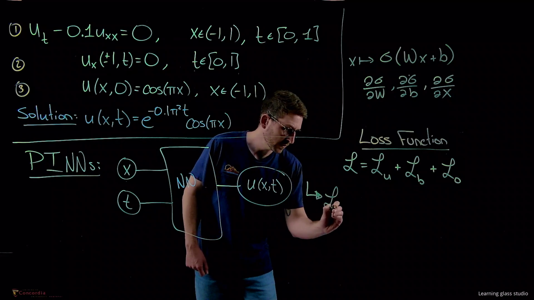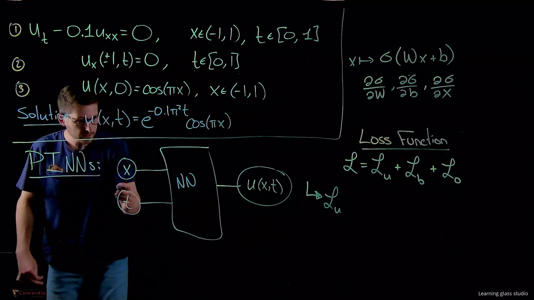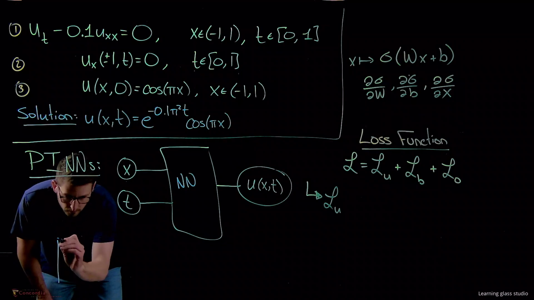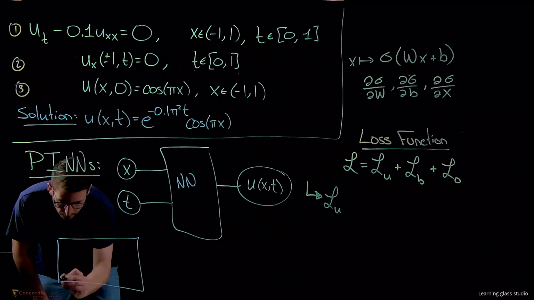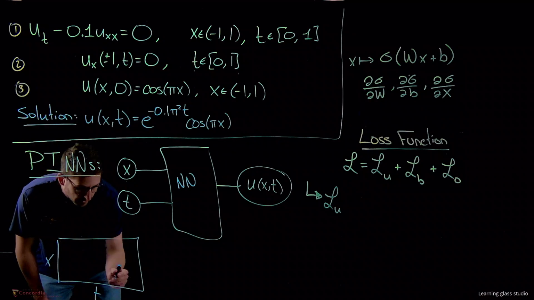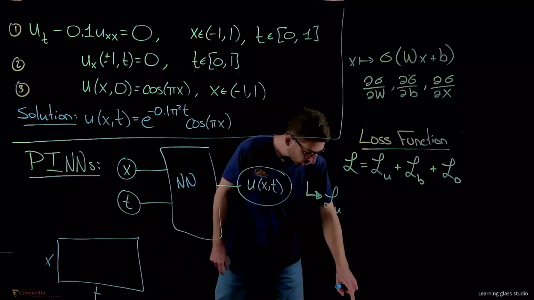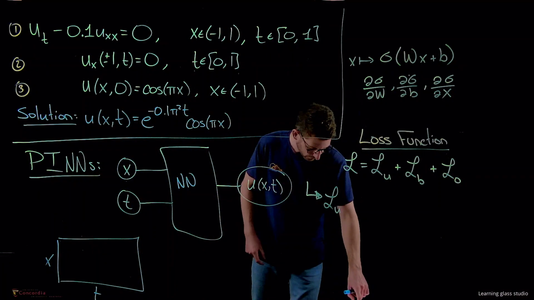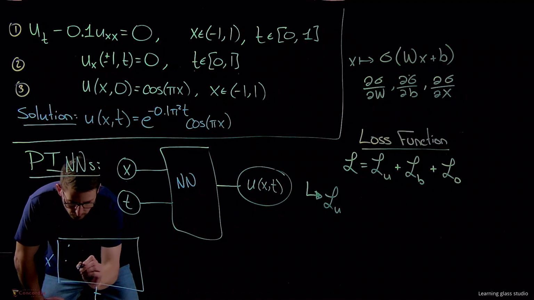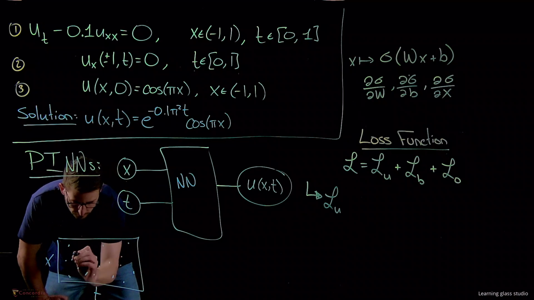Let's start with L sub u. I'm going to think of x and t space, so u is a function of x and t. I'm going to think of a big grid here, the t x domain. It's a big square domain, and I'm going to pick a whole bunch of points from it, ordered pairs. Just randomly choose a bunch of evaluation points in this domain.